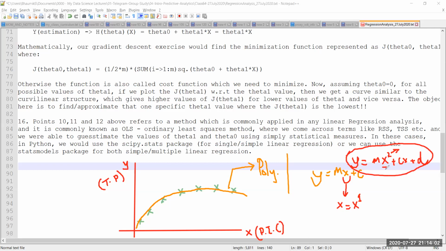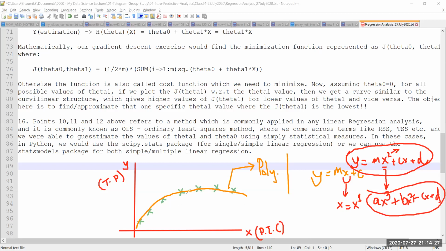Because the maximum power of the unknown x, which is my independent variable, is a square. If I happen to have another equation which is ax cube plus bx square plus cx plus d, then this is actually a third order polynomial. Are you able to understand what I'm trying to tell you?